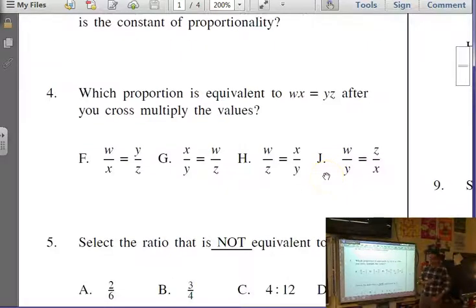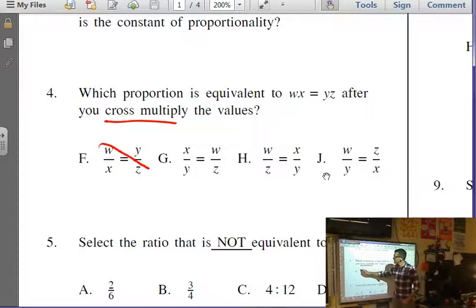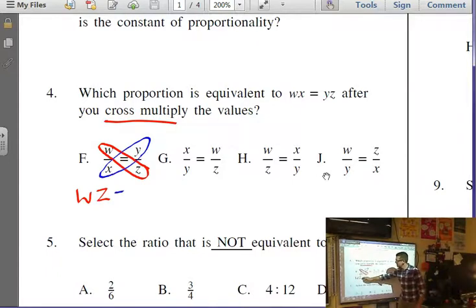Which proportion is equivalent to wx equal to yz? A lot of people got this wrong, and it's actually on my poster right up here with different letters. So it tells you after we cross multiply. So what you want to look at is when I cross multiply, this would make wz equal to xy. And that is not what we're looking for.